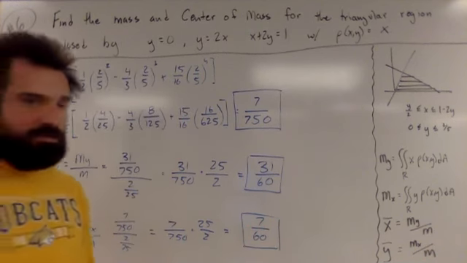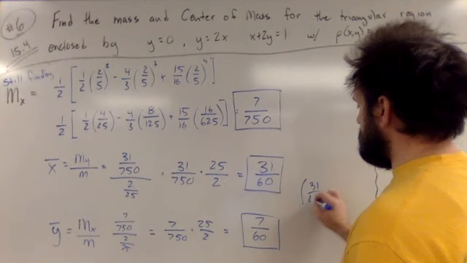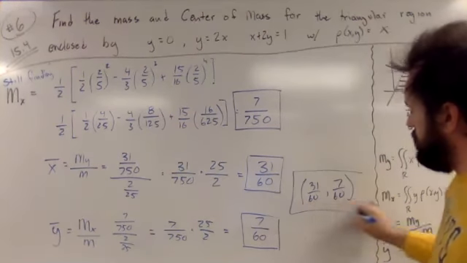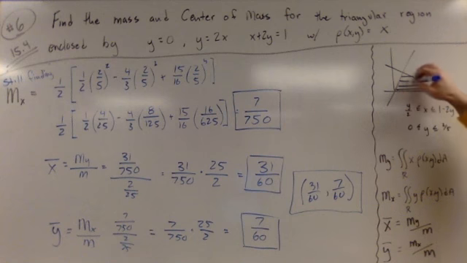So the center of mass is this ordered pair, 31/60, 7/60. That's going to be the point on the graph. So it's a little bigger than a half. It's going to be like right there.